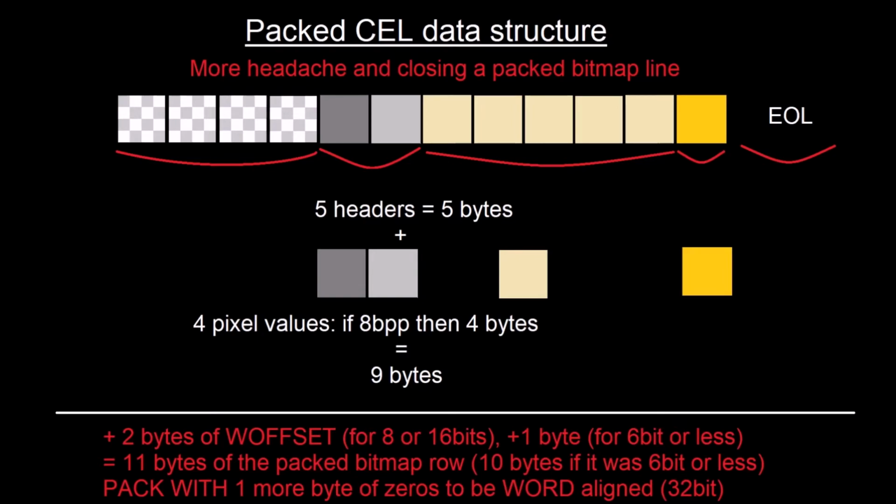And the W offset is the number of words minus 2. So the W offset for that could be 1. That's the thing that we will write at the end. And when we start writing the next line's packed data, we will have to jump 12 bytes later, for example.